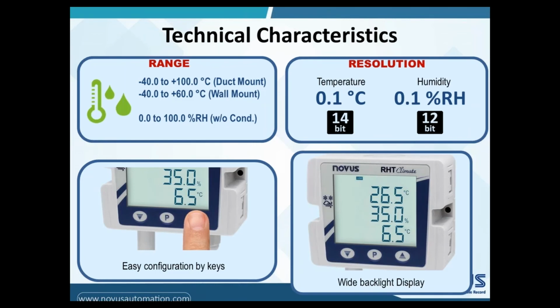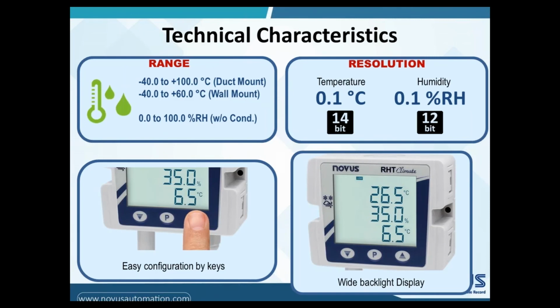The duct mount type has a measuring range from -40 to 100 degrees Celsius. Wall mount type has a lower range, from -40 to 60 degrees, because it keeps itself inside the controlled environment, unlike the duct mount, of which only the probe is in contact with the controlled medium.